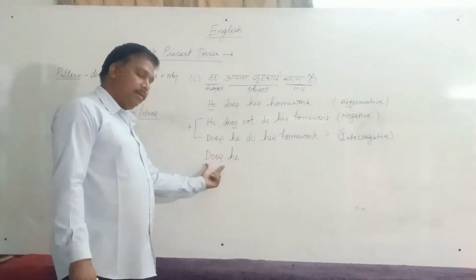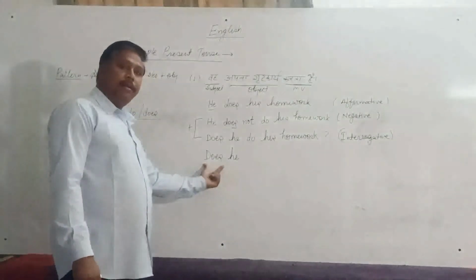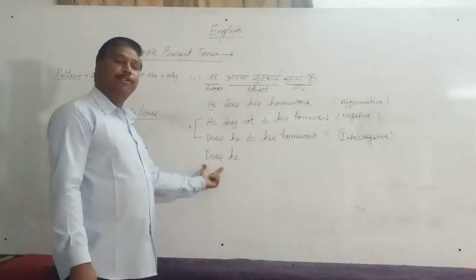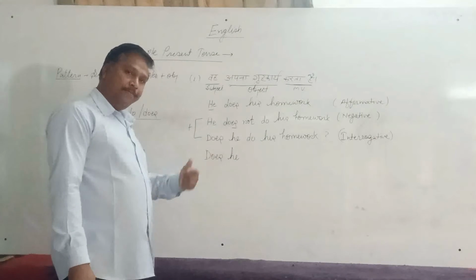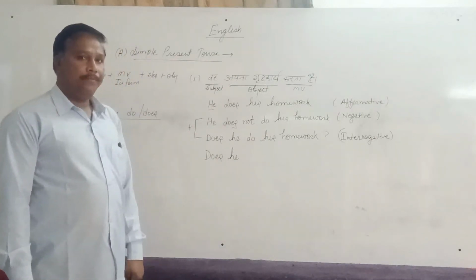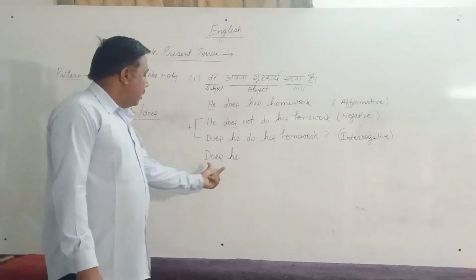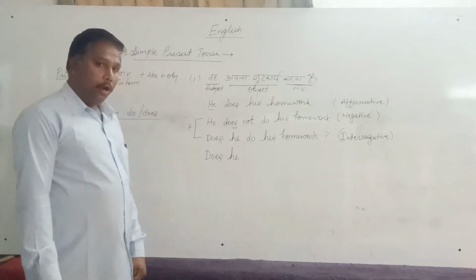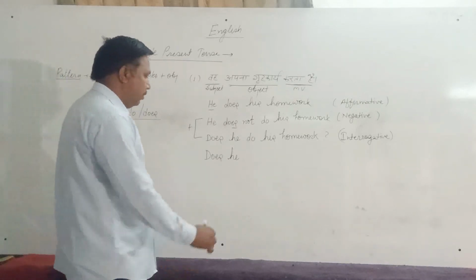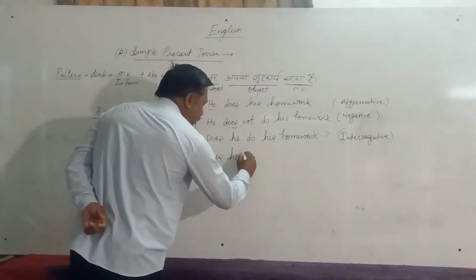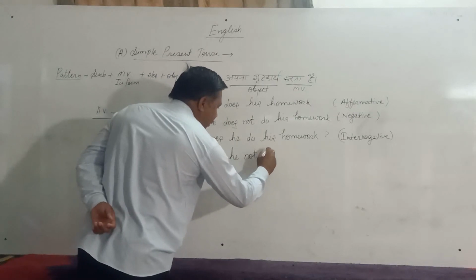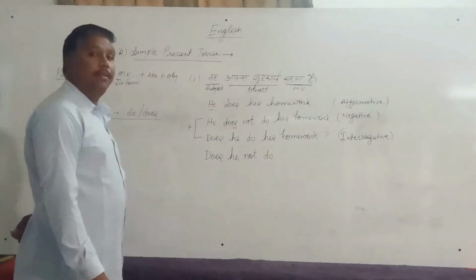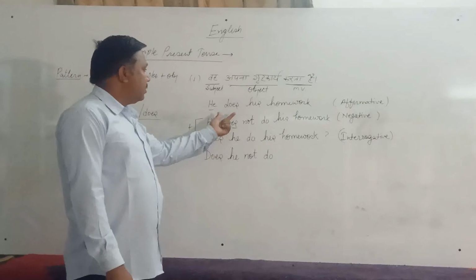We already create an interrogative sentence, as an interrogative sentence always starts with a helping verb, and then we have to apply the negative word not. So does he not, and then do, the main verb of this sentence.